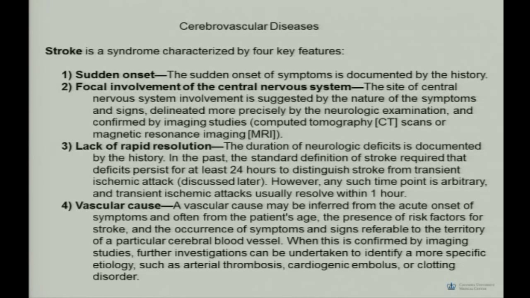It's the clot that forms, maybe it's not occlusive, it doesn't lead to cell death, but it's going to cause a transient symptom. So a neurological deficit that has sudden onset but does resolve may suggest a TIA rather than a stroke. And there's always a vascular cause in terms of stroke.